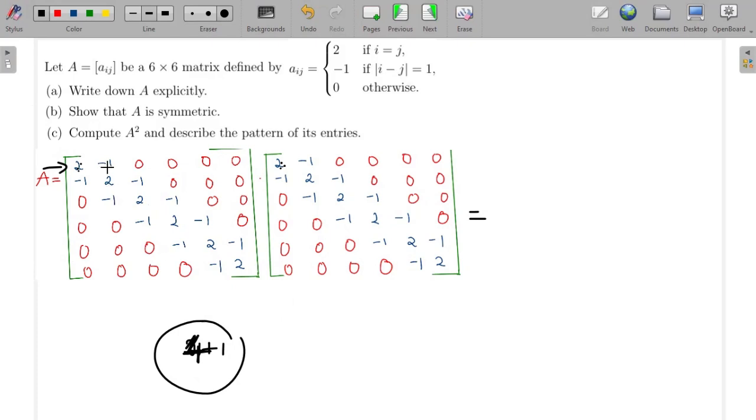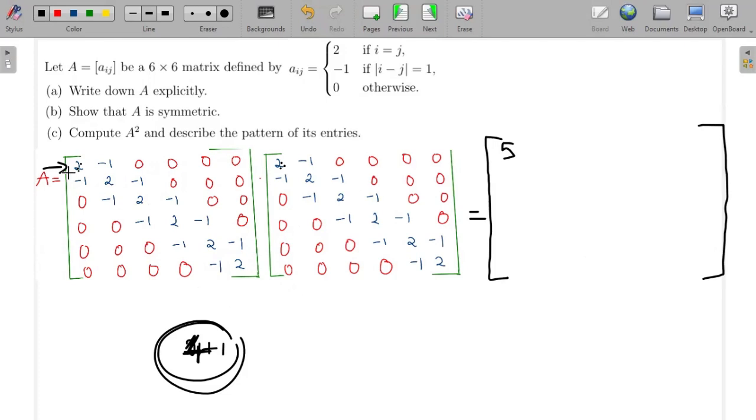Okay, and then minus 1 multiplied by minus 1, I get plus 1. So this is what I have there. Okay, so let's write the matrix somewhere there. So the first entry here, when I multiply the first row with the first column, I just get a 5. So I'm going to put the 5 there. Okay, that's what I have.